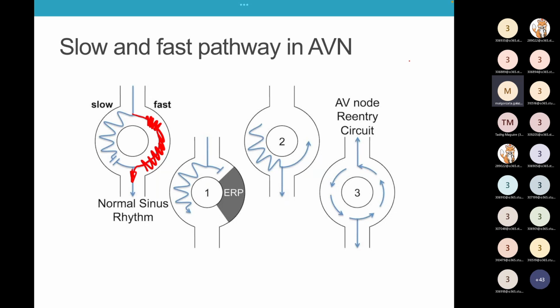This prevents the action potential which propagates along the slow pathway from re-entering the AV node.